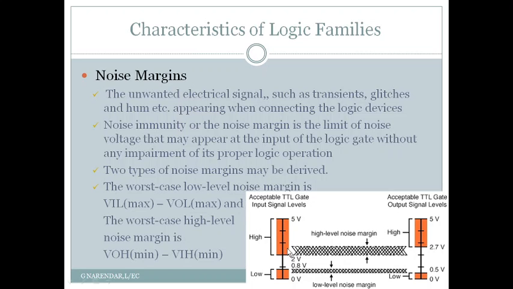For the same voltage, if some noise is added which reduces this voltage below 2 volts, then what happens?